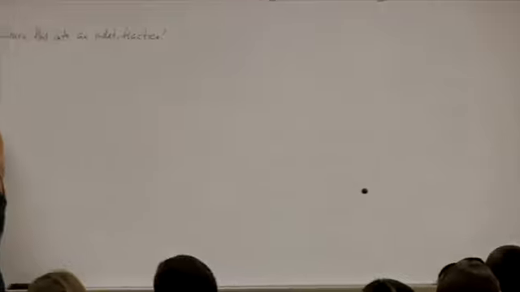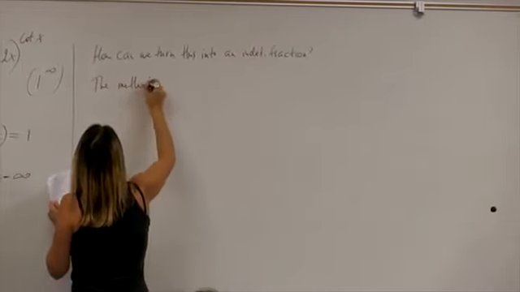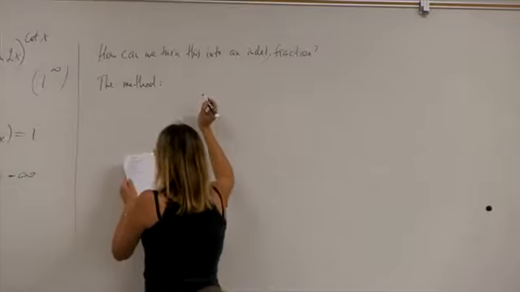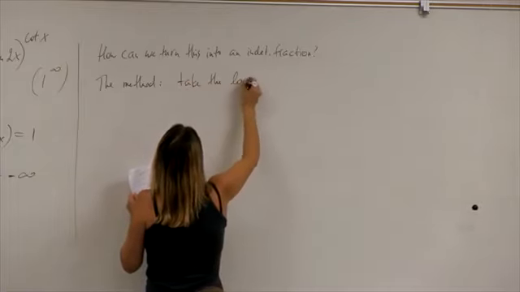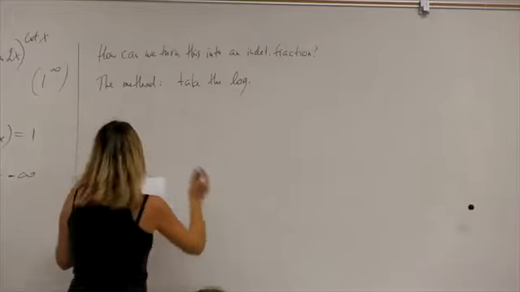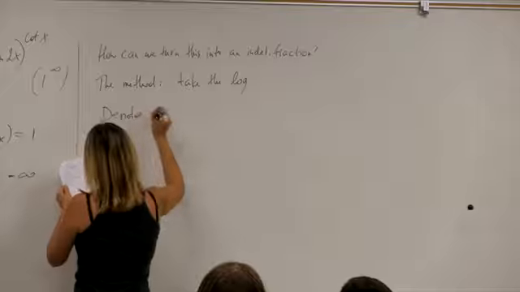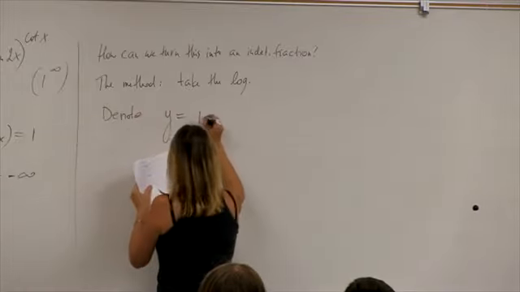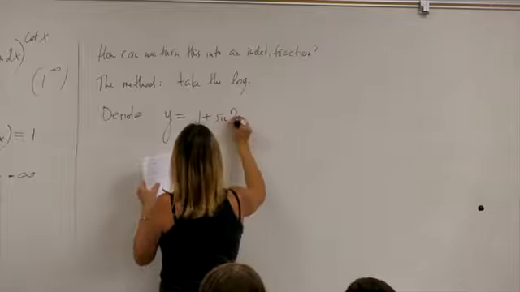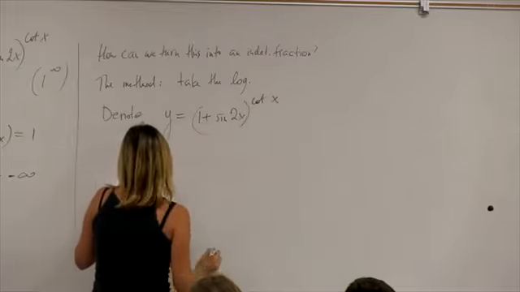Let us denote the method: take the log. Okay, so let's denote as y this whole object, 1 plus sine 2x to the power of cotangent x.